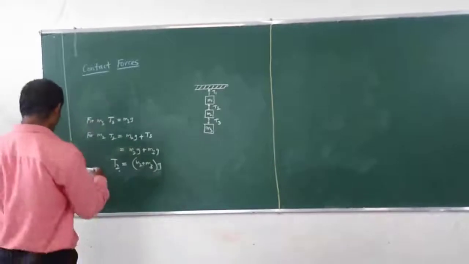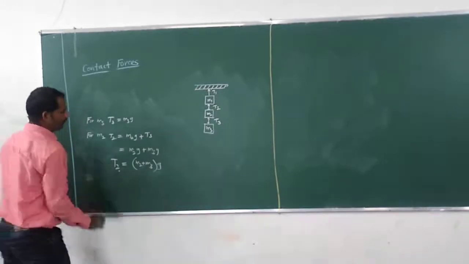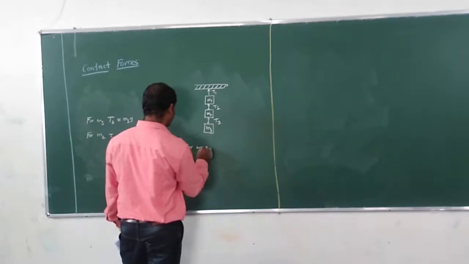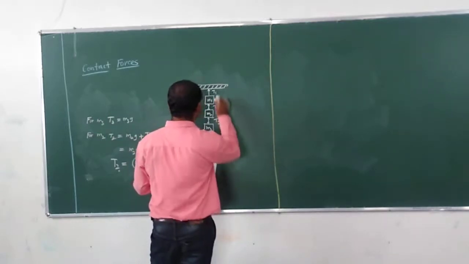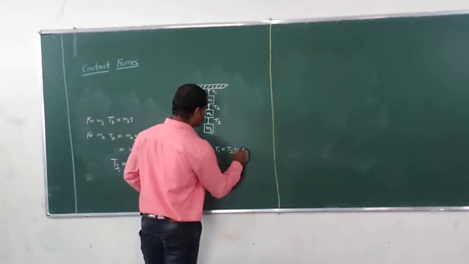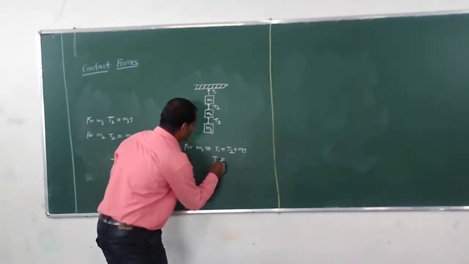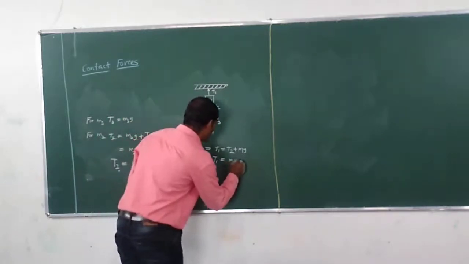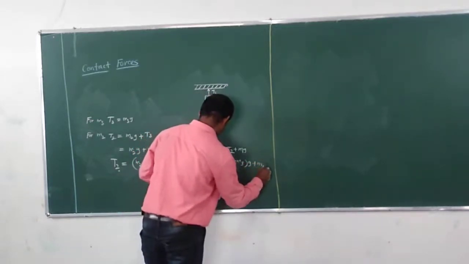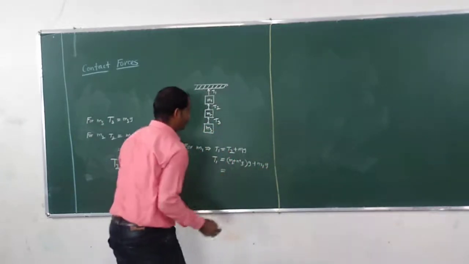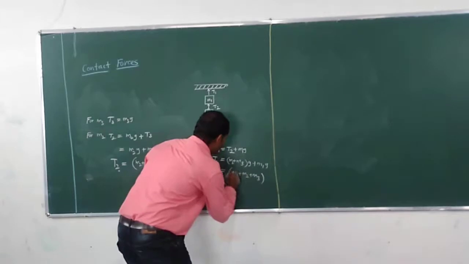त्याच्यानंतर T1 for m1, m3 झालं, m2 झालं. त्याच्यानंतर मी इथं लिहितो for m1, T1 is equal to T2 plus m1g. तर T2 आपल्याला माहिती आहे, T1 is equal to (m2 plus m3) multiplied by g plus m1g. तर हे सिम्प्लिफाय करता येईल. (m1 plus m2 plus m3) multiplied by g.